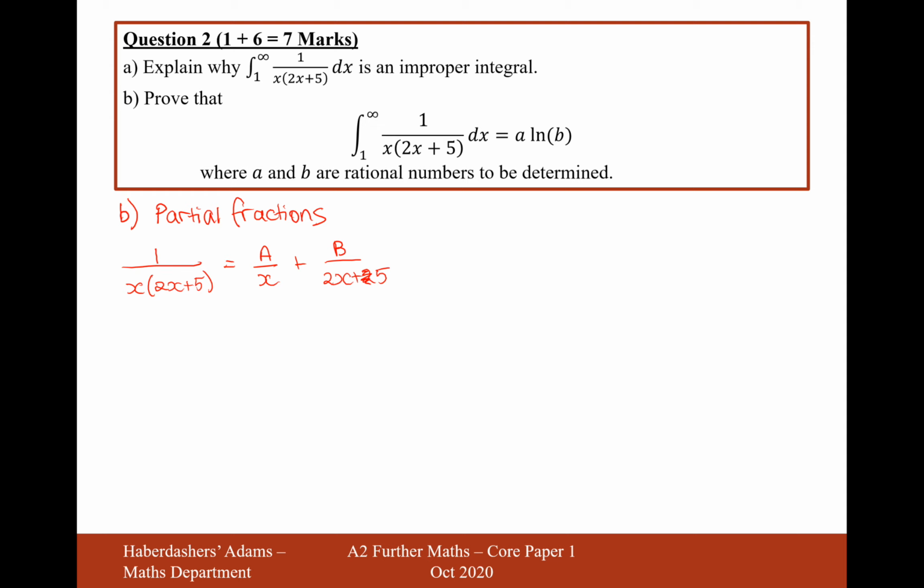Let's multiply now by x(2x + 5). So I'll get 1 equals A lots of (2x + 5) plus Bx. Let's expand the brackets on the right hand side now. It's going to be x lots of (2A + B) plus 5A.